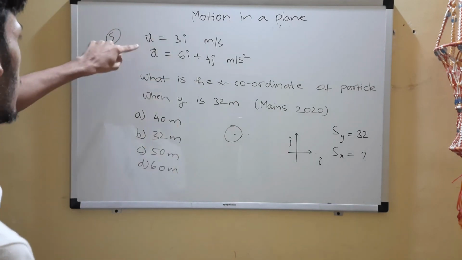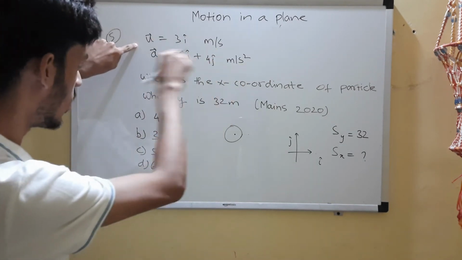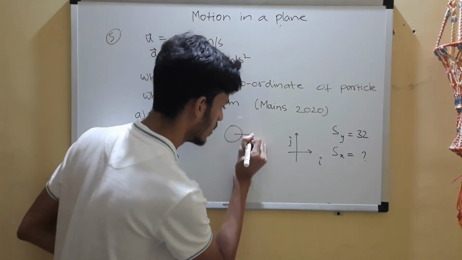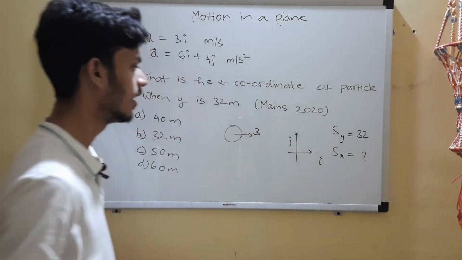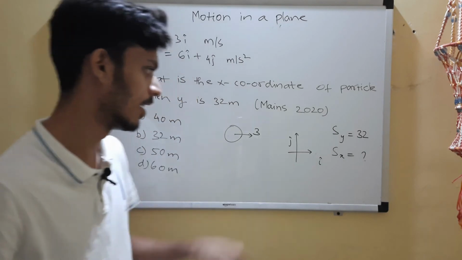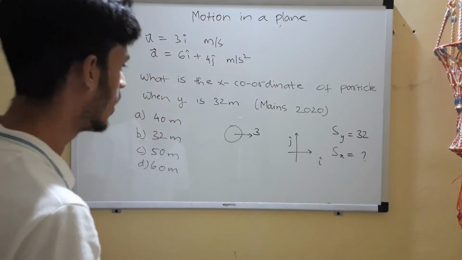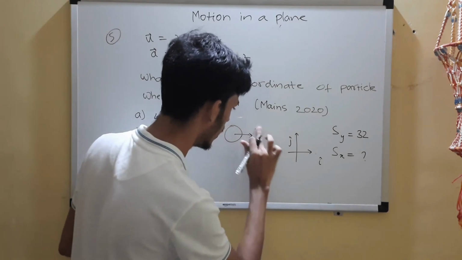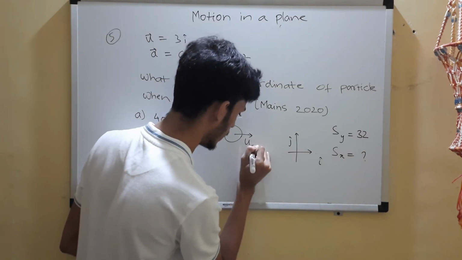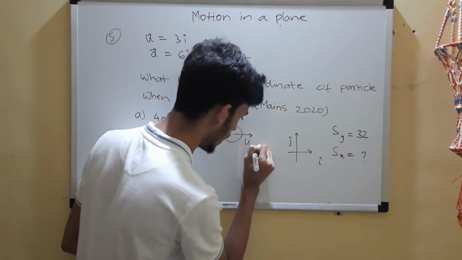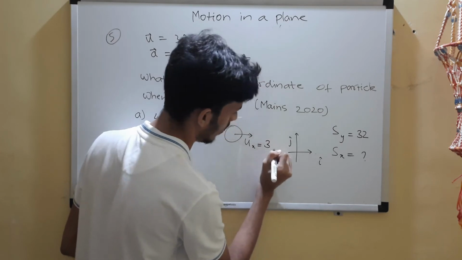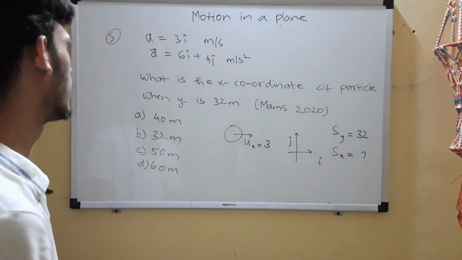Now this velocity is only along the x-axis, so we can simply write it as 3 in the i cap direction. The j cap factor is not there, so I'll write it as ux, the u in x direction is 3, and in the y direction it is not given.